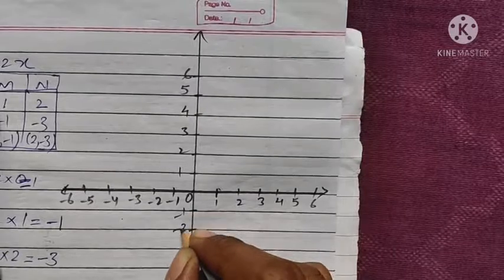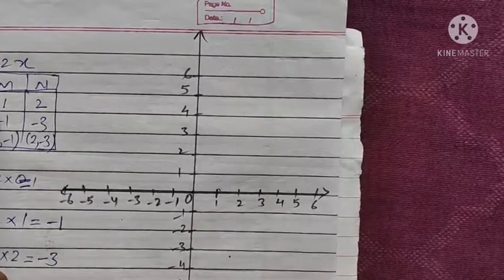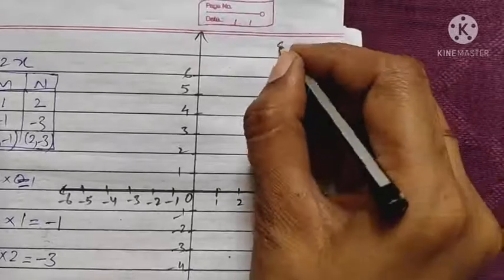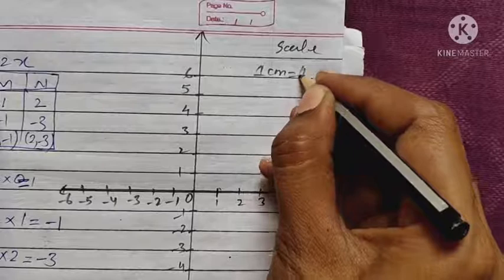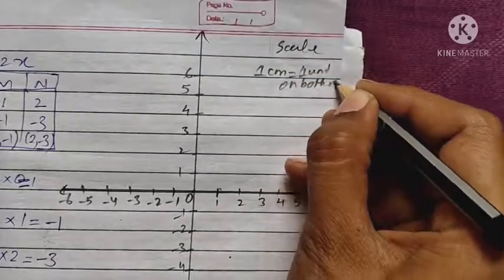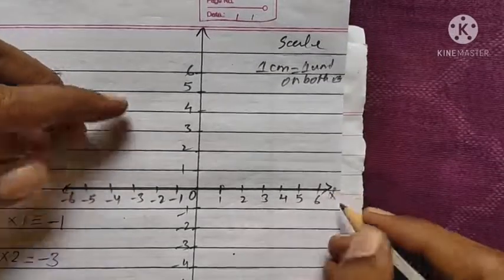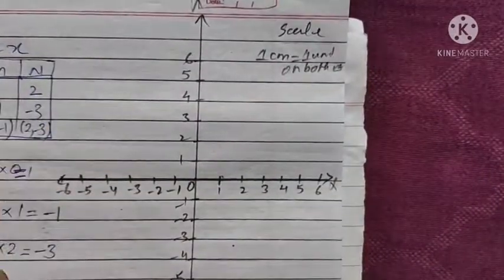Minus 1, minus 2, minus 3, minus 4, minus 5, minus 6. Okay, scale 1 centimeter is equal to 1 unit on both axes. Okay, x axis, y axis. So let's start.